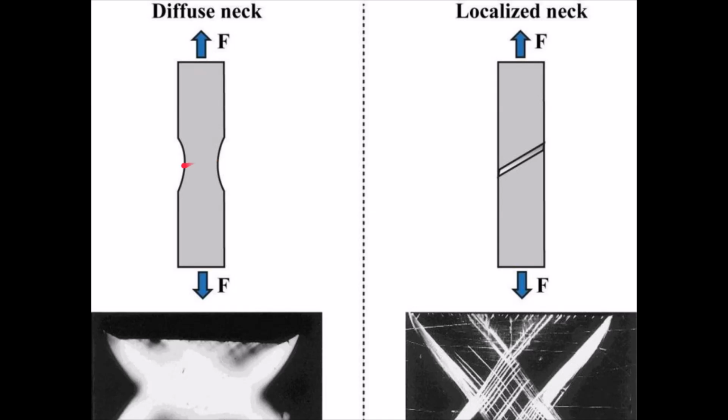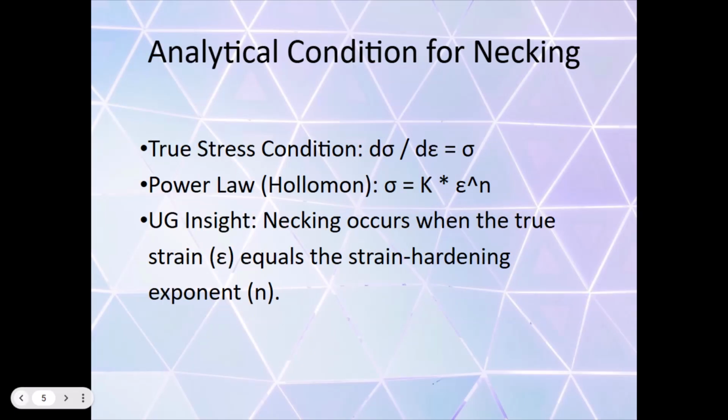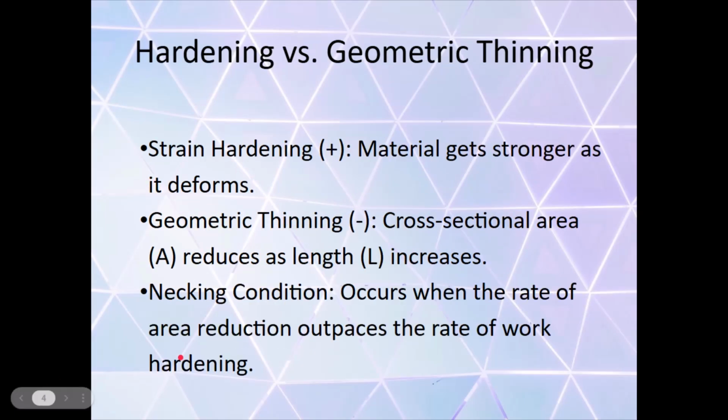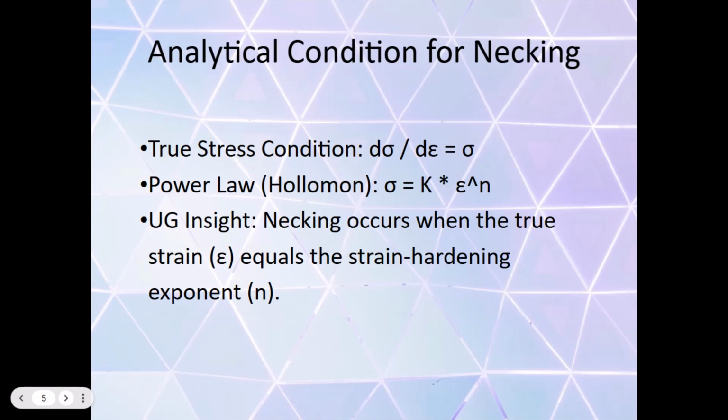When the cross-sectional area is reduced more than the material strain hardens, the necking will be done and the material gets fractured. This is what is explained in the slide.